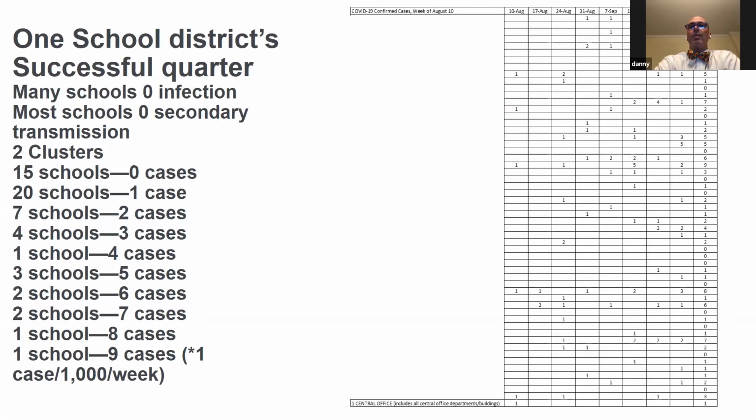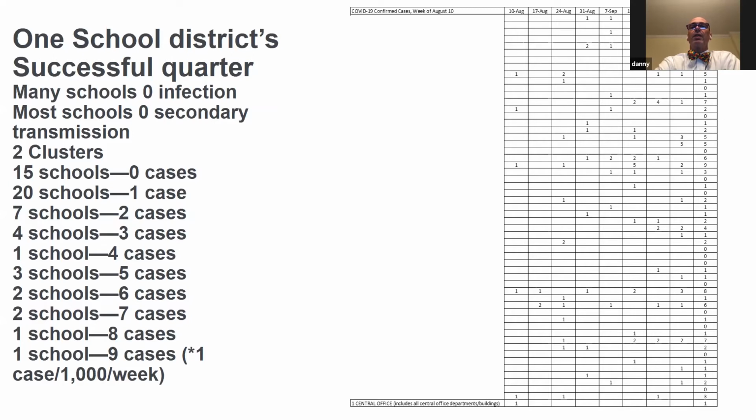Each line here represents a particular school. Each column represents a week. This is through the first 8 weeks. You can see that most schools have no cases during a particular week at their school. Then you can occasionally see 1 or 2 cases at individual schools. Now, throughout the entire quarter here, many schools had 0 reported cases.